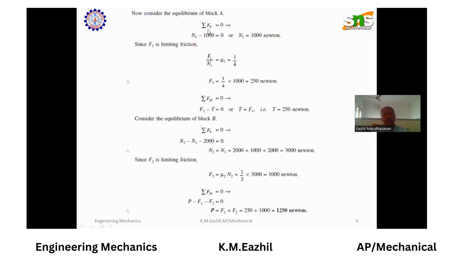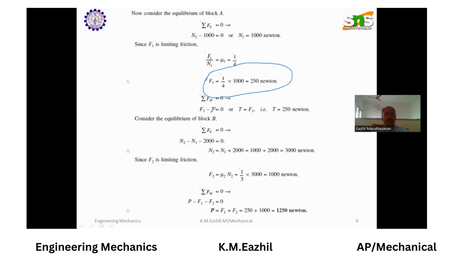By assuming the equilibrium condition, sigma Fv is equal to 0, we get the equation N1 minus 1000 is 0. Therefore, N1 is equal to 1000 Newton. We know that Fm is equal to mu into Nr. This is the equation for impending motion. Mu is the coefficient of friction, and we have identified the Nr value for this problem. By substituting the known values, we get F1 as 250 Newton.